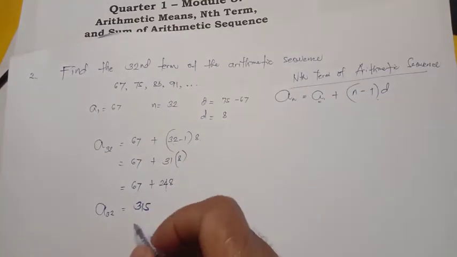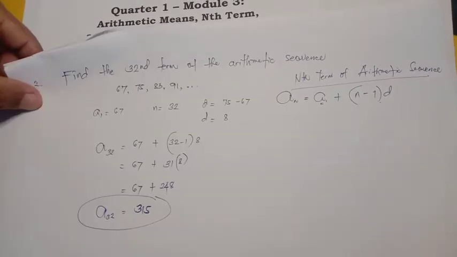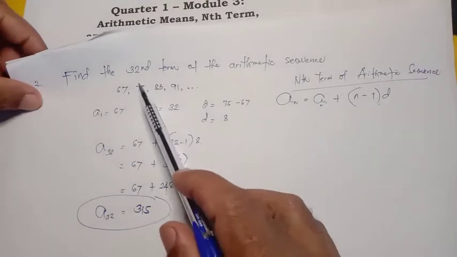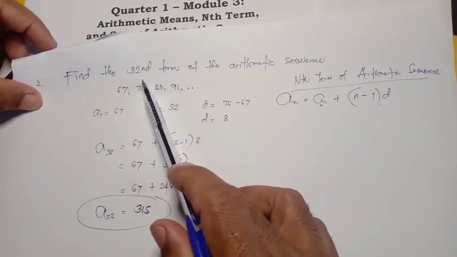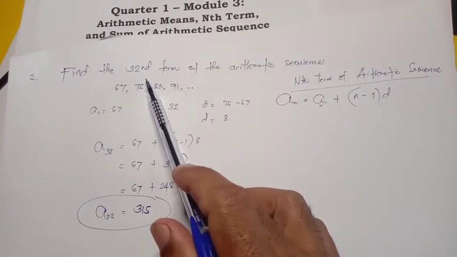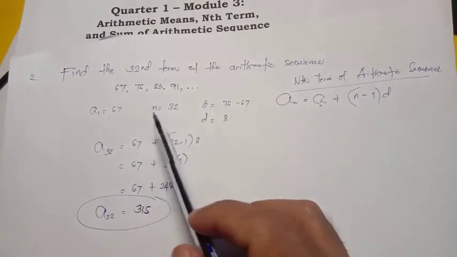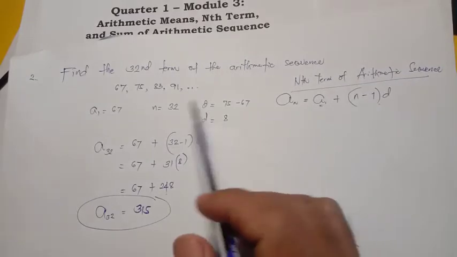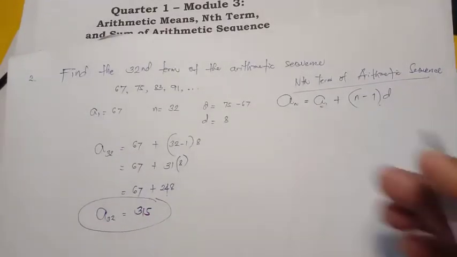So the 32nd term is 315. So ang kailangan natin para makuha kung ano yung gusto nating term, kailangan natin yung first term, kung ilang term, at yung common difference. Yan tatlo lang naman ang kailangan.